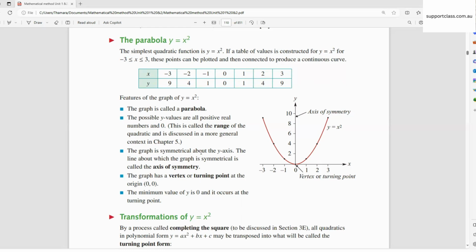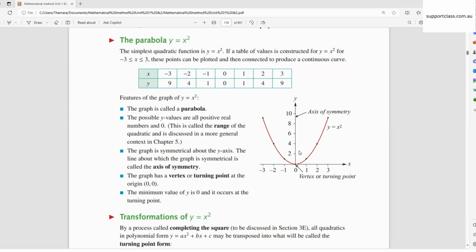First of all, to describe the range. What is the range? The range is where the y coordinates of the graph are spread, from one end to the other end. That is what we call the range. In this case, you can see the y coordinates can go up to positive infinity, from 0 and on.